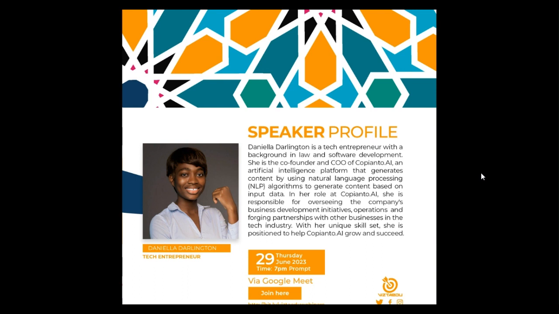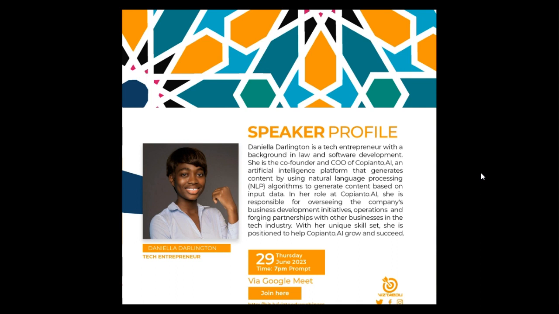So zooming in straight to the webinar, let me give you a brief profile of who our speaker is from an expert point of view. Daniela Darlington is a tech entrepreneur with a background in law and software development. She's the co-founder and COO of Copianto.ai, an artificial intelligence platform that generates content by using natural language processing algorithms to generate content based on input data.